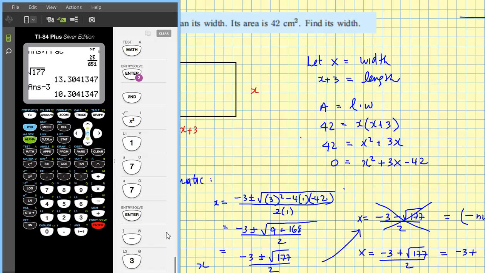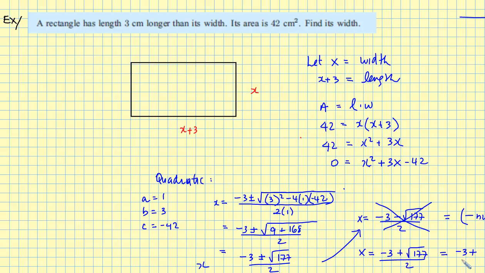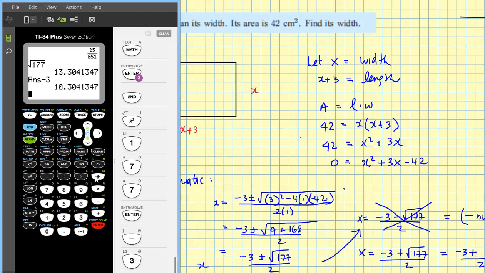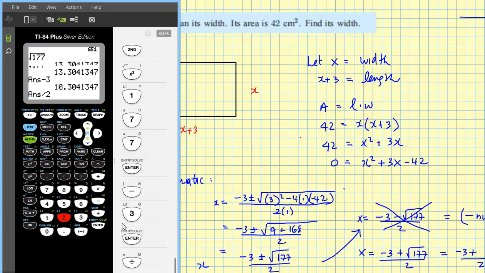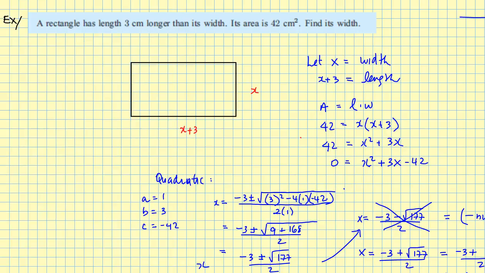That would give me 10.3, and that would then be divided by 2, so it's approximately going to be 5 point something. So I get 5.15, more or less.